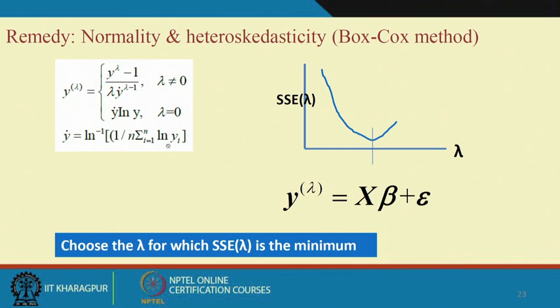That means you take the log of the original observations, take their sum, divide by n to get the average of the log transformed information, and then take its inverse log. So, this is basically y dot, and now you choose different lambda values, fit the regression equation y equal to X beta plus epsilon, calculate SSE, and then plot.